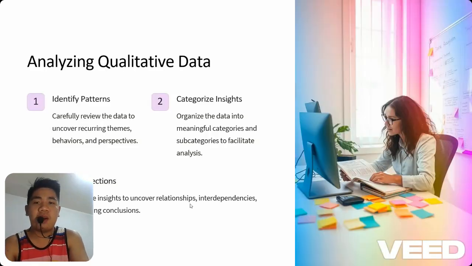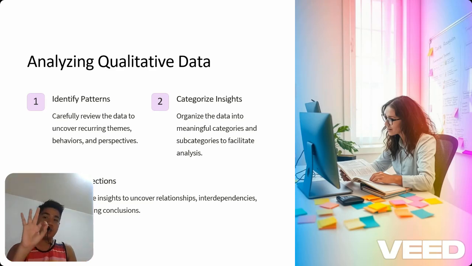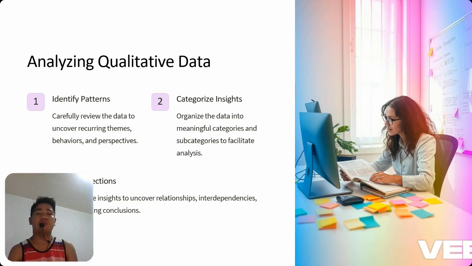All right, next we have analyzing qualitative data. In analyzing qualitative data, we have three. First one is identify patterns, second categorize insights, third draw connections. For identify patterns, carefully review the data to uncover recurring themes, behaviors, and perspectives.